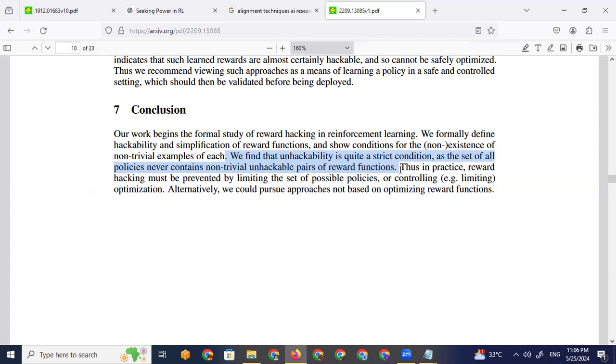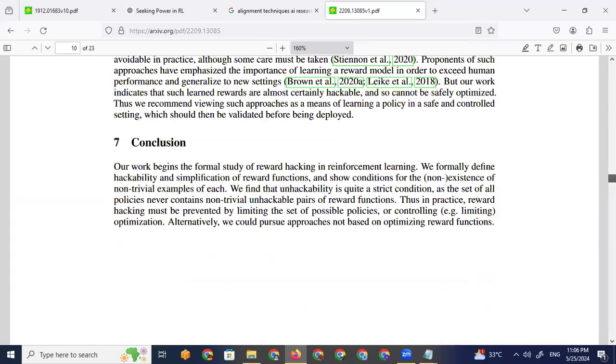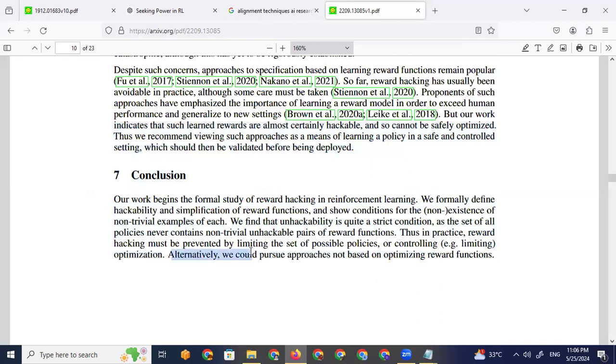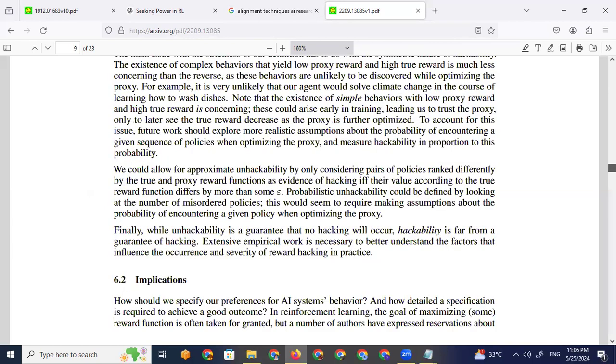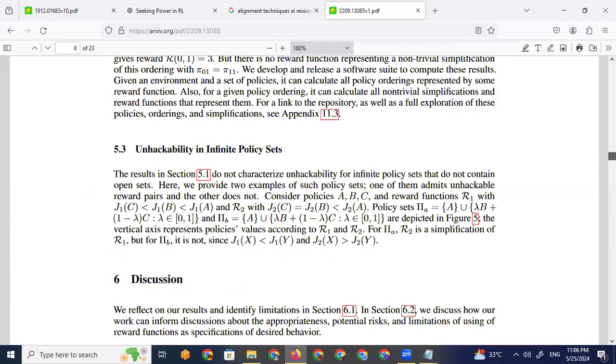Alternatively, we could pursue approaches not based on optimizing reward functions. So probably, again, another critique of reinforcement learning.